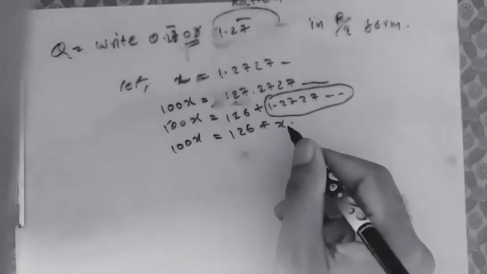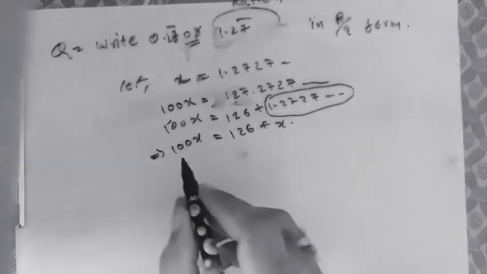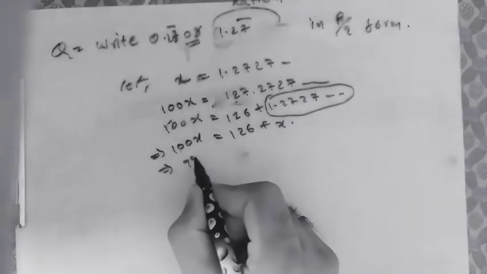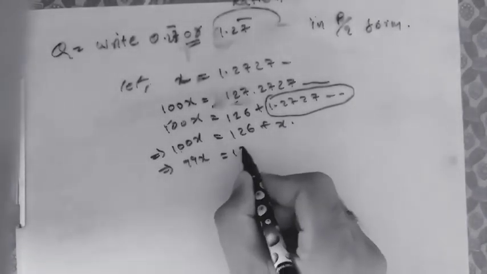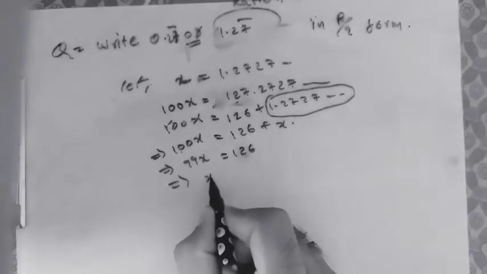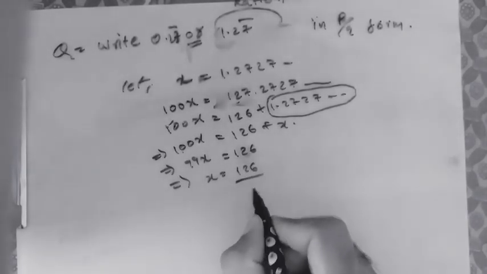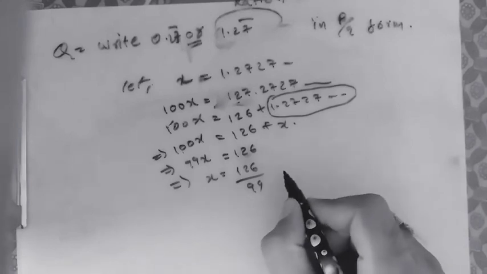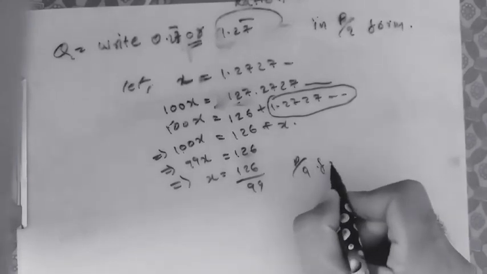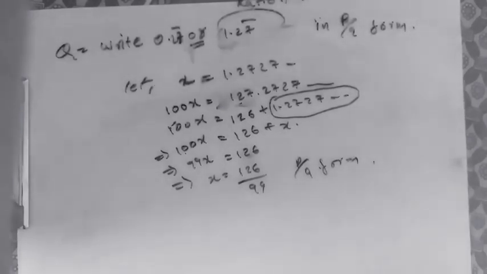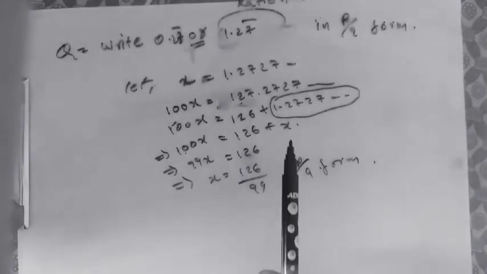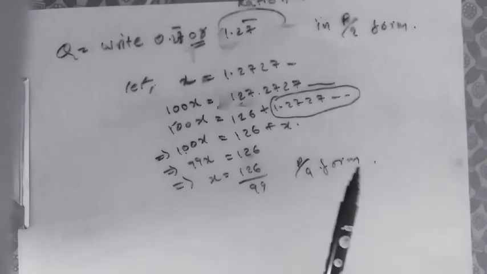Now subtracting x from 100x, we get 99x is equal to 126, and we get x is equal to 126 by 99, which is in p by q form. So that's how we can represent any rational number which is non-terminating and repeating in p by q form.